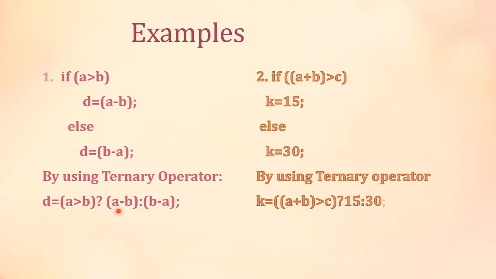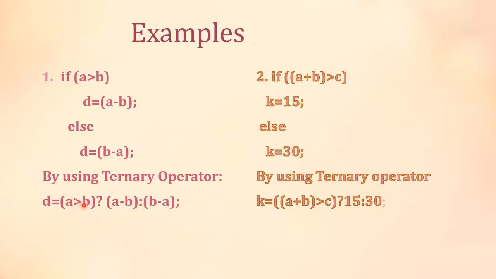Then afterwards what do you have to write? If this condition is true, what we have to assign to D, that we have to write here. Here in the if part, D is assigned A minus B. So that A minus B we have to write here, and after that we have to write a colon.